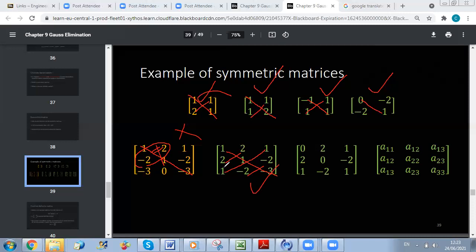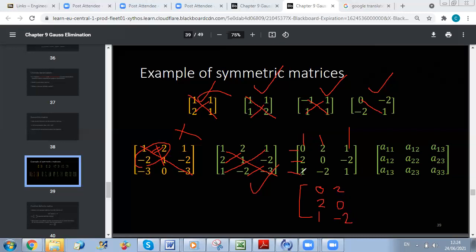Instead of doing it as a mirror, with the second definition the first condition is to have a square matrix. For example, here it's n by n, 3 columns and 3 rows, so the first condition is satisfied. The second condition is to have A equal to the transpose of A. So let us do it. The first row, 0, 2, 1, becomes the first column, 0, 2, 1. 2, 0, -2 becomes 2, 0, -2.